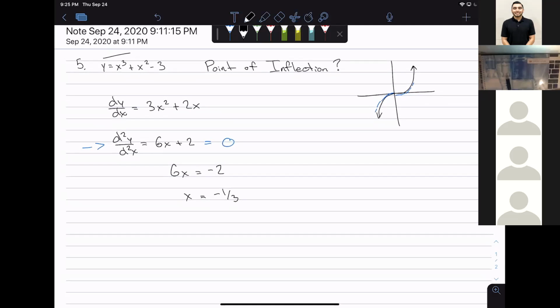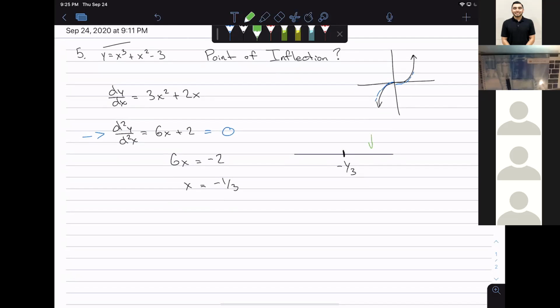A way to check is to plot this number on a line. I don't know how anybody else was taught, but I was taught to check by plotting this number on the line, picking a number after that number and before that number. So let's say you pick 0. If y double prime is equal to 6 times 0 plus 2, you're going to get a positive number. It doesn't matter what the number is, but it's positive.